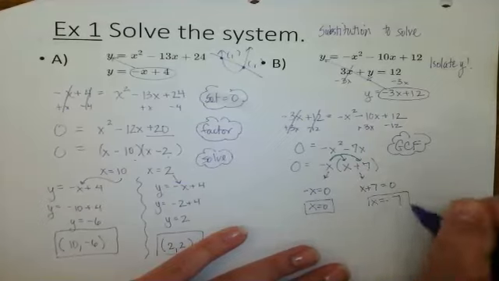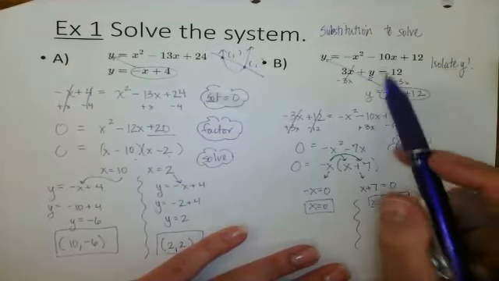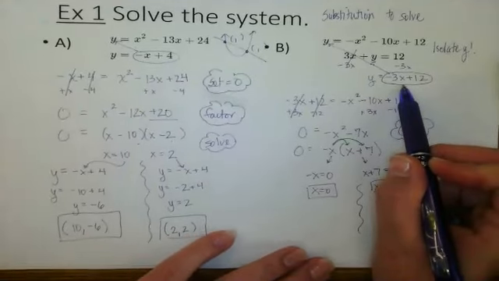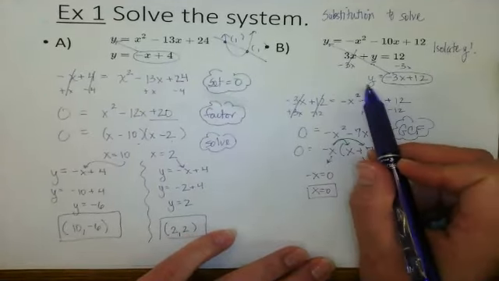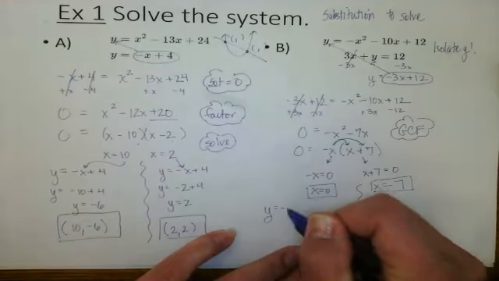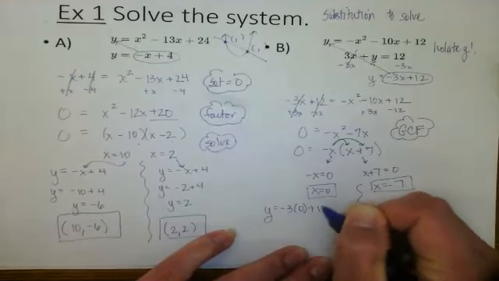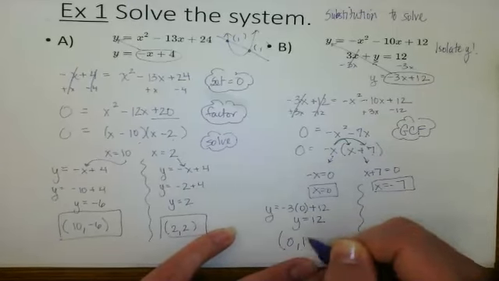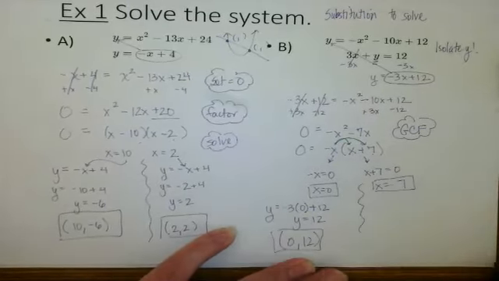And again, we're not done because we need to find the corresponding y value. So again, I'm going to go back to this equation so that I can figure out the y. So negative 3, plug in a 0, plus 12 means y is 12. So my ordered pair would be 0 for x, 12 for y.